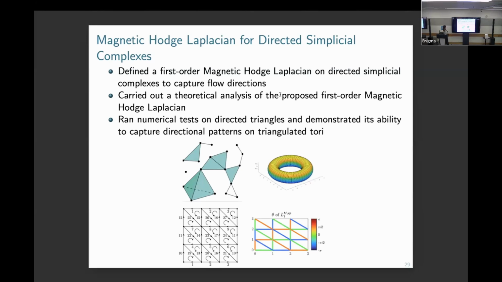This rotation can be one-dimensional or higher dimensional. It's basically an orthogonal transformation between two nodes. So if we go to simplicial complexes, we're curious whether we can find a higher order version of the magnetic Laplacian, the connection Laplacian, that can capture the rotation between not only nodes but maybe edges.